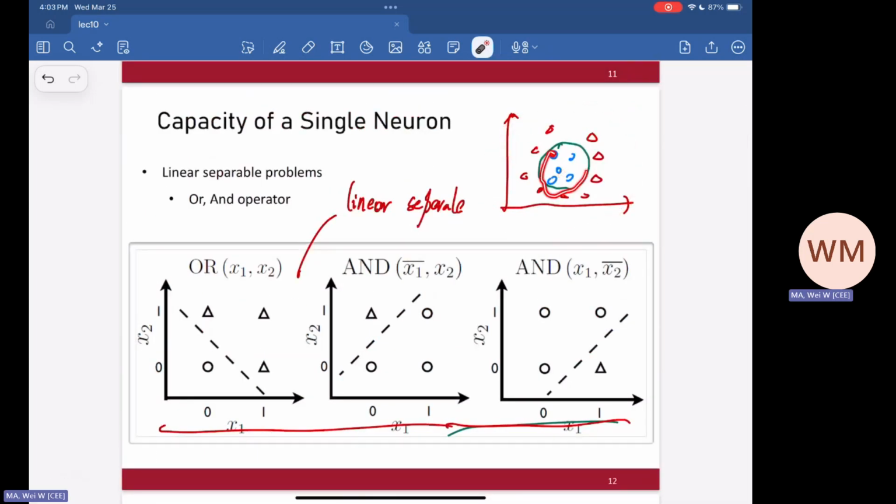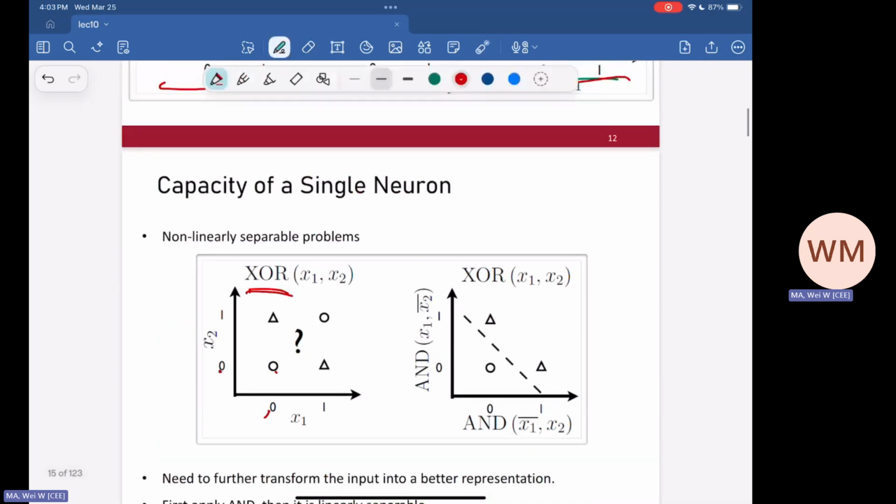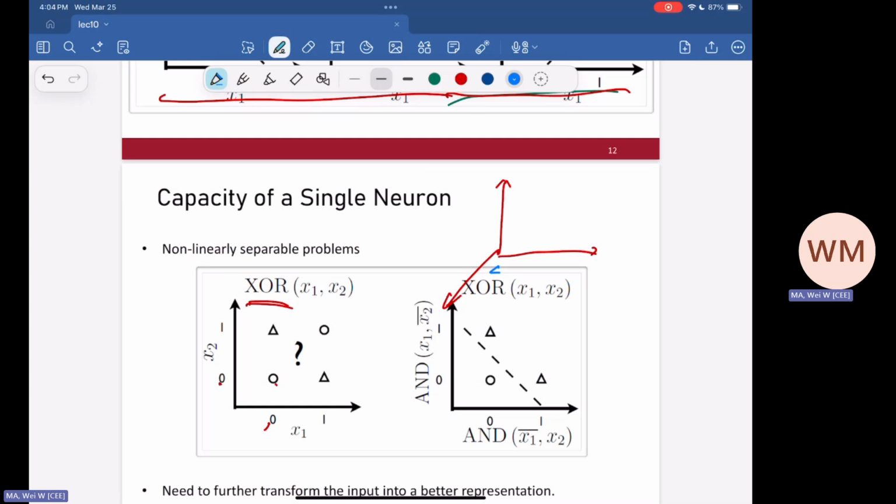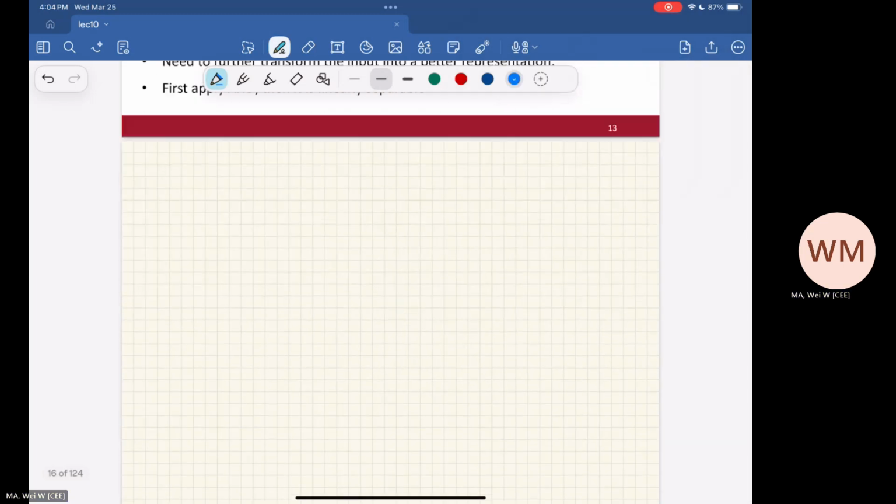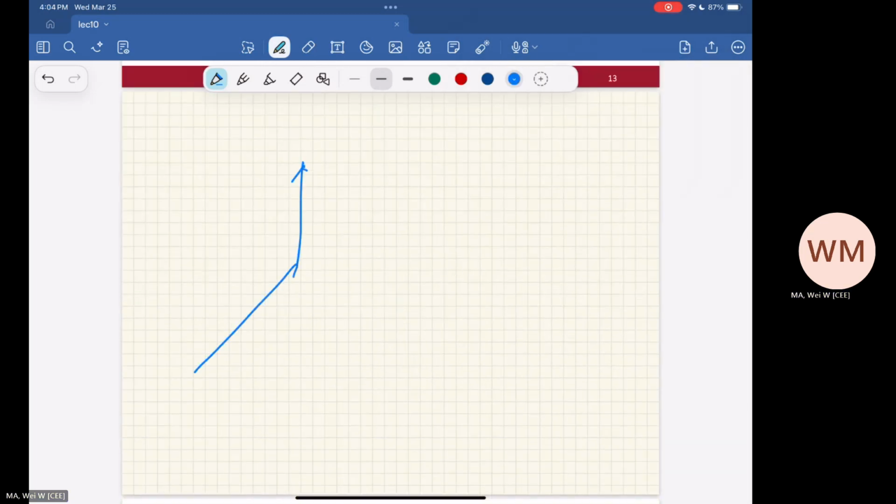But if we have a z coordinate, so it's difficult to draw. If we have a z coordinate, so for example, the rectangle is on this level, and we have another level.